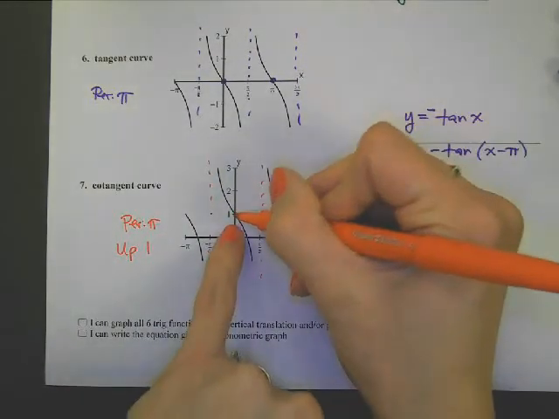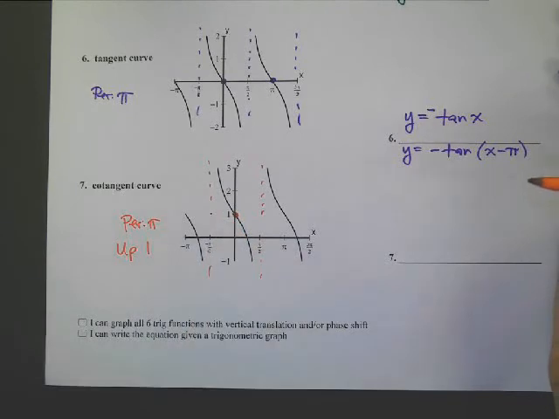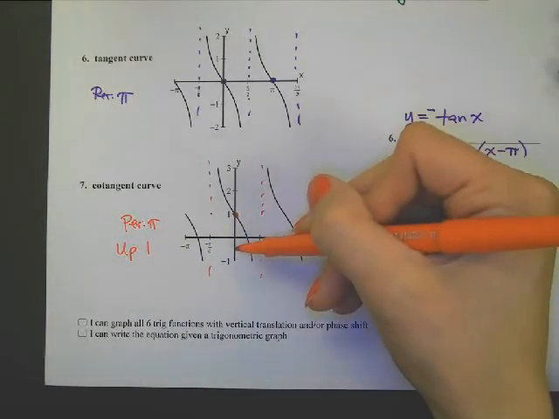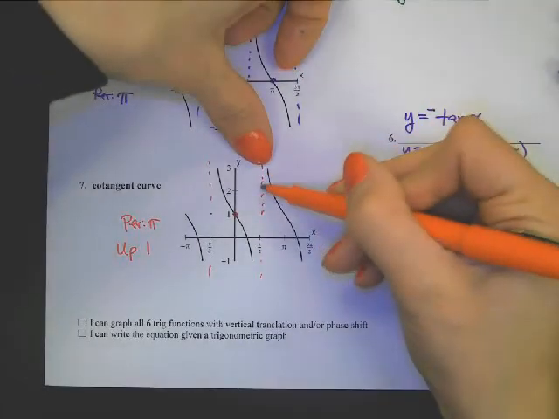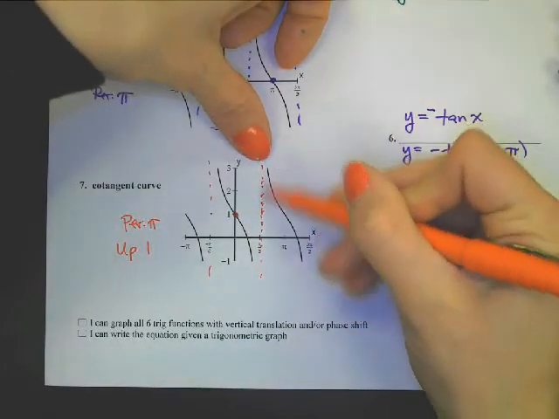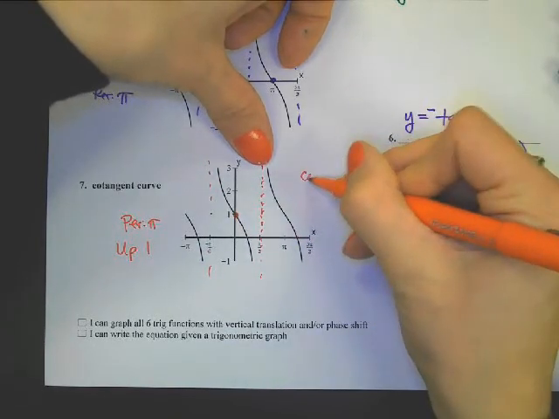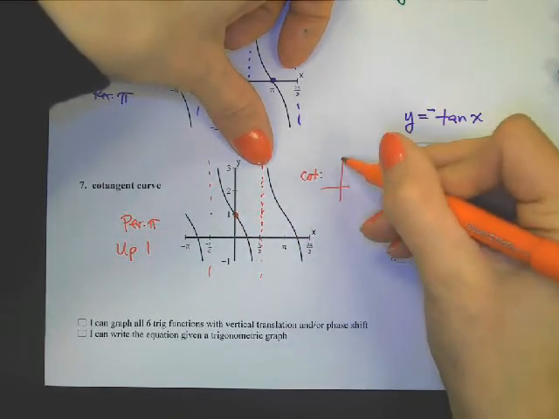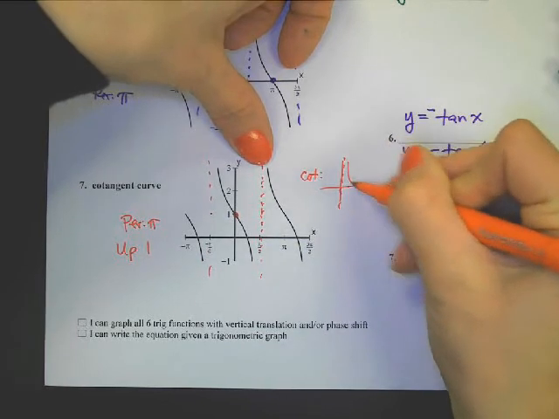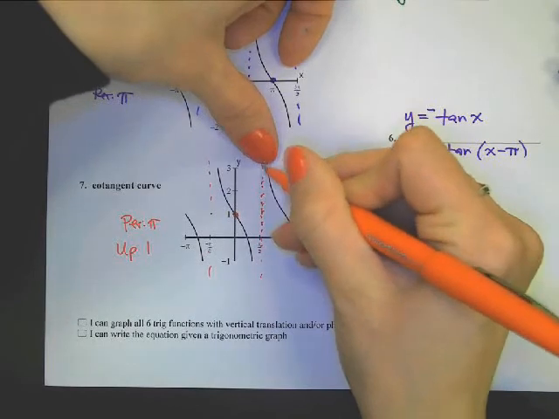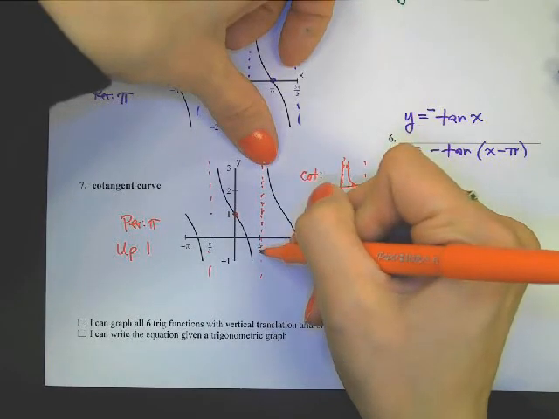So let's see. If I were to think about a cotangent graph, it usually starts with an asymptote. So I need to look right here. Here's the starting asymptote. It got shifted over. A cotangent graph usually has an asymptote, and then it usually goes like this. So the asymptote got shifted to the right.